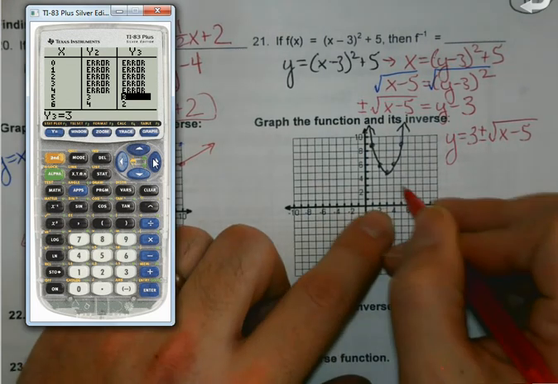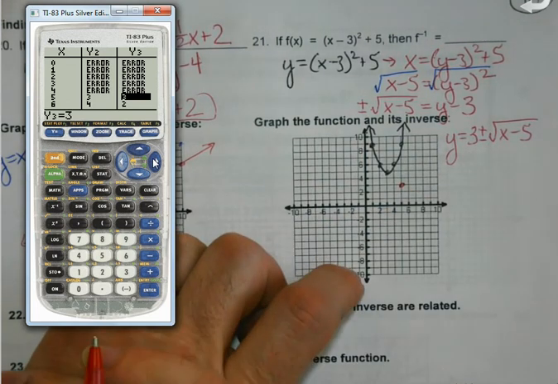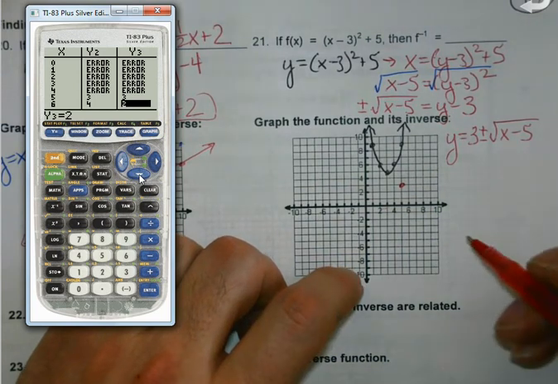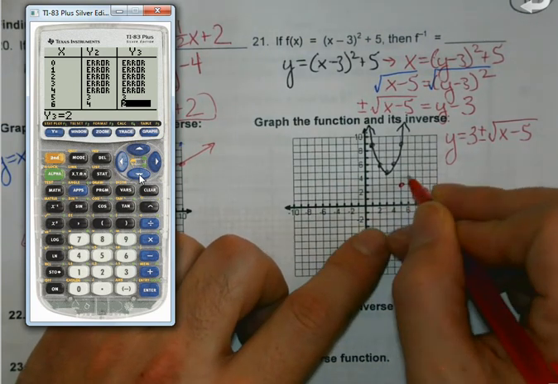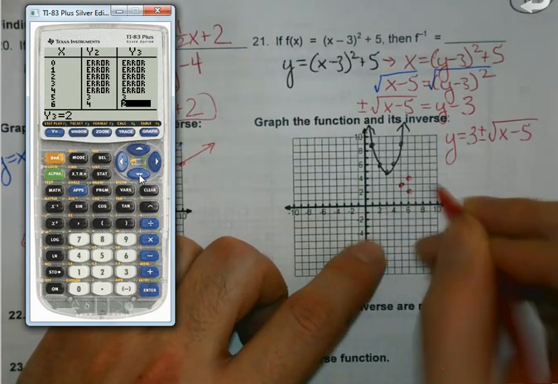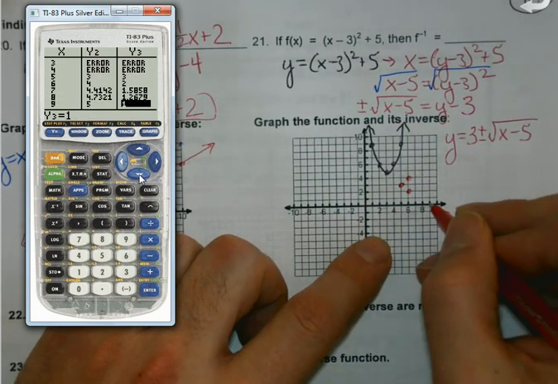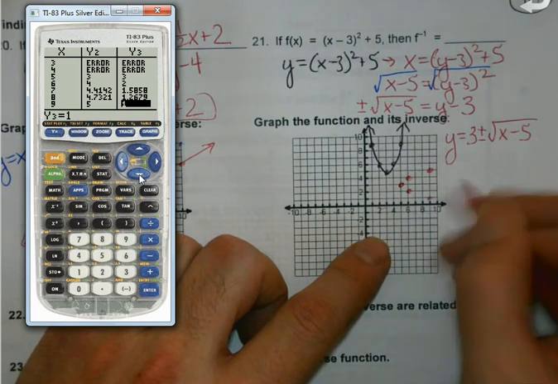So I go to 5, 3, and I put a dot. Then as I start moving down, when I get to 6, it says there's a y value of 4 and a y value of 2. And then I get to 9, it says 5 and 1.